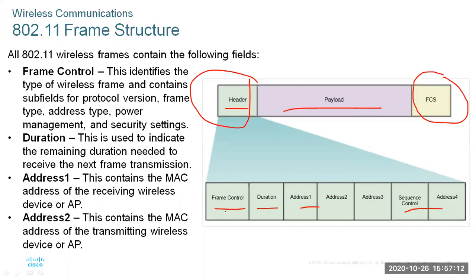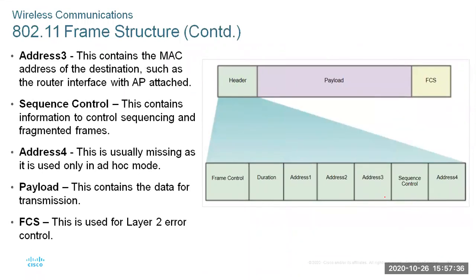The frame control identifies the type of wireless frame and contains subfields for protocol versions and the like. Address 1 and Address 2 contain the MAC addresses of the receiving device and of the transmitting device as well. Address 3 contains the MAC address of the destination device.